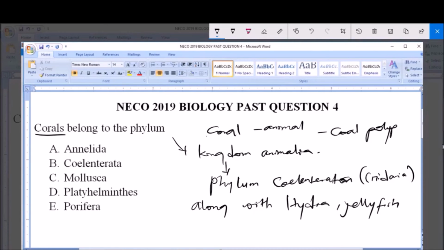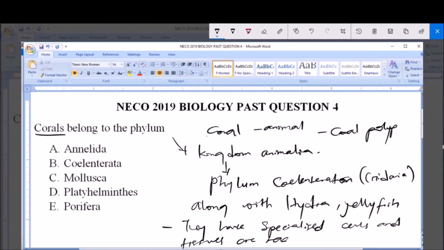They have specialized cells and tissues, and are radially symmetrical. That means they can be divided into 2 equal halves from any plane.